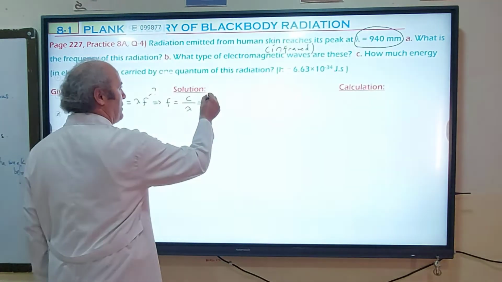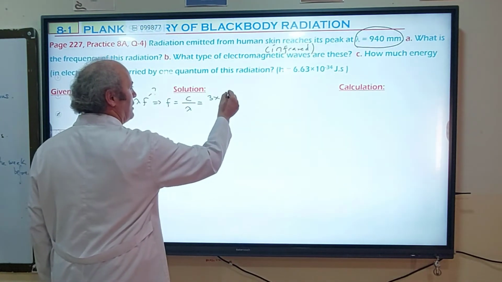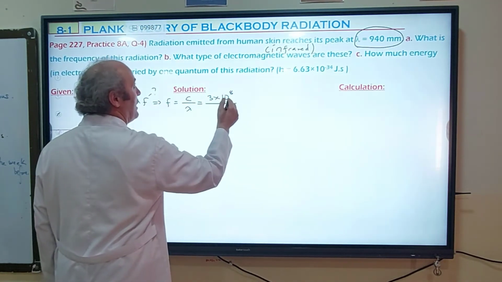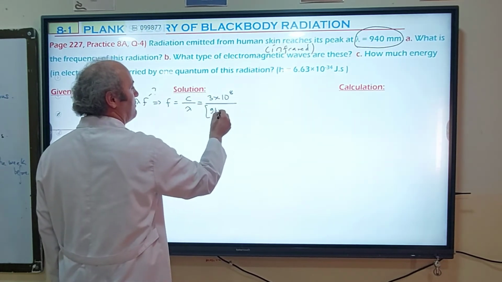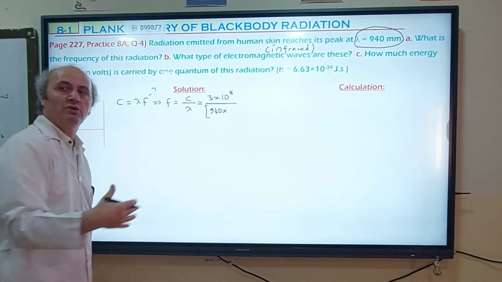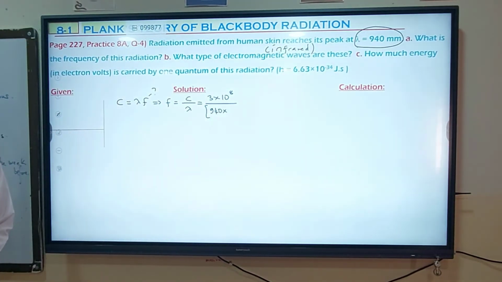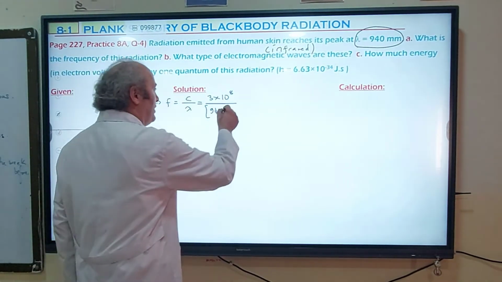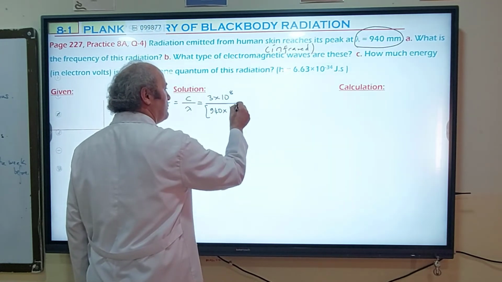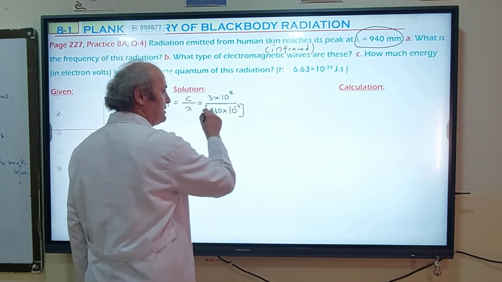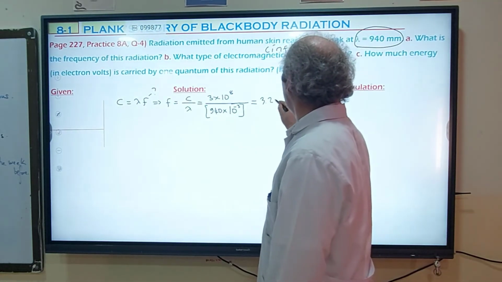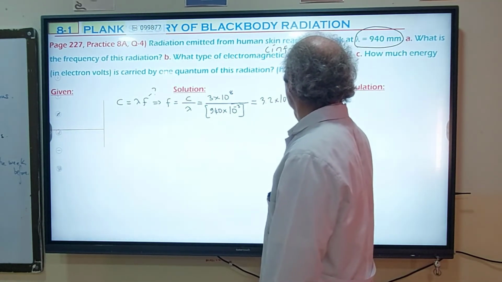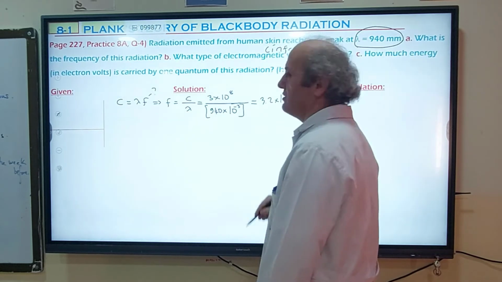So 3 times 10 to the power of 8 meter per second divided by the wavelength, 940 millimeter, but we should convert millimeter to meter by multiplying by 10 to the power of negative 3. In the solution there is a mistake in the multiplier, so just go this way. 3.2 times 10 to the power of 8 hertz is the frequency of this radiation.